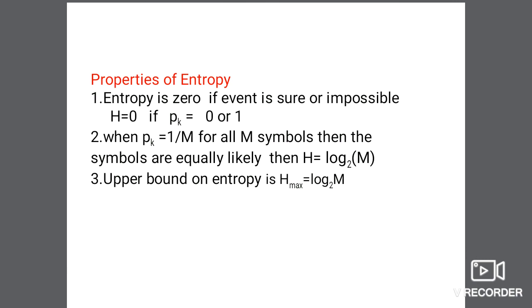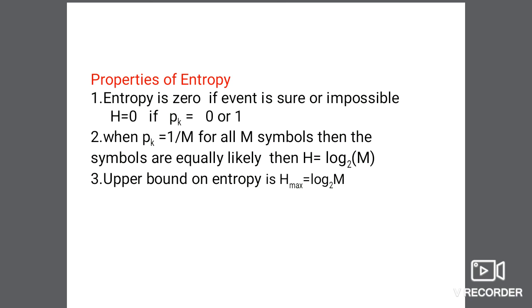The first property we use: entropy is 0, means H is equal to 0, if the event is sure or impossible, means pk is 0 or 1.